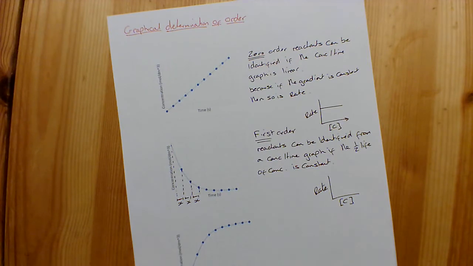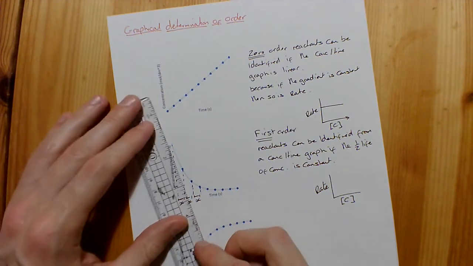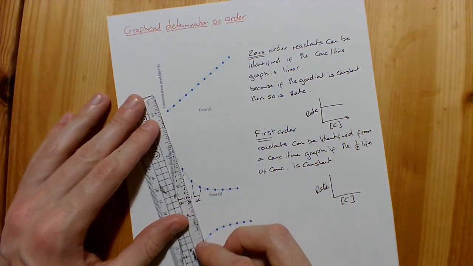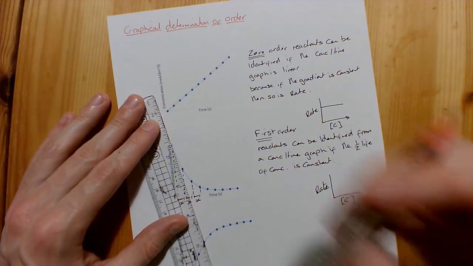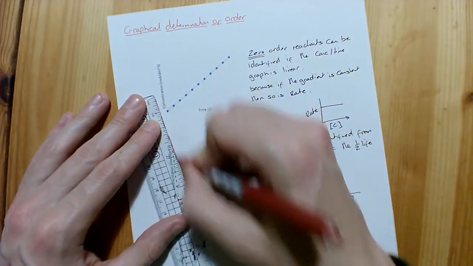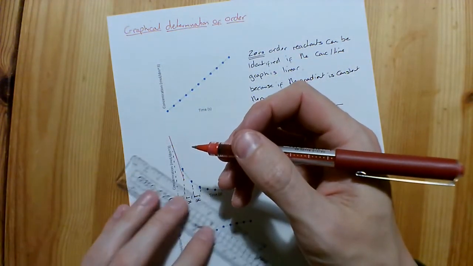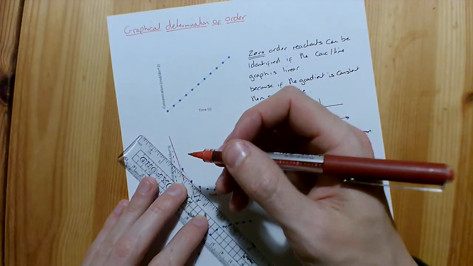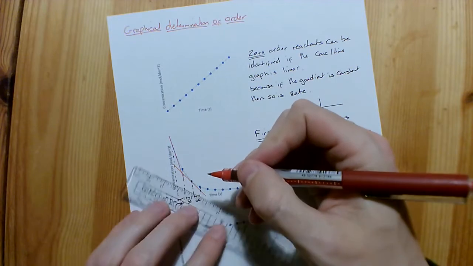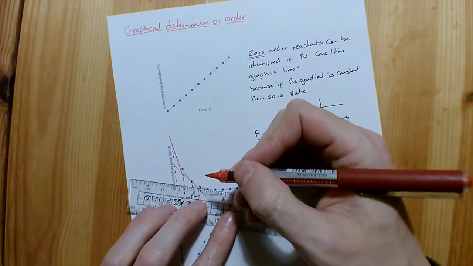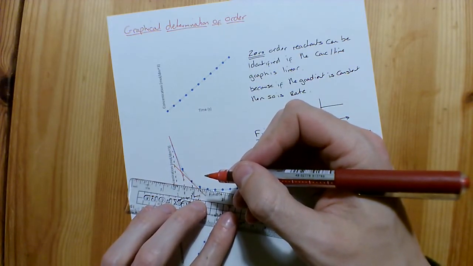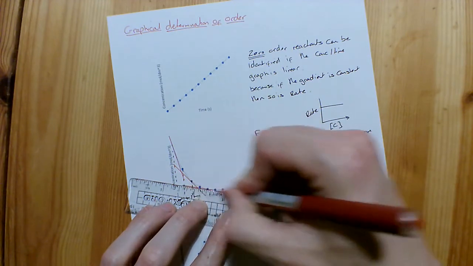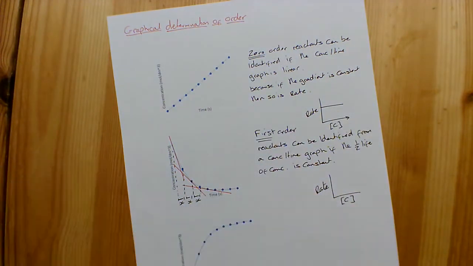Now we tend to start with the initial concentration, so you want to take a tangent right at the beginning. We'll take one at the midpoint here, and then we'll take one a bit further down here. So if you just draw 3 tangents, 3 tangents is all you need.